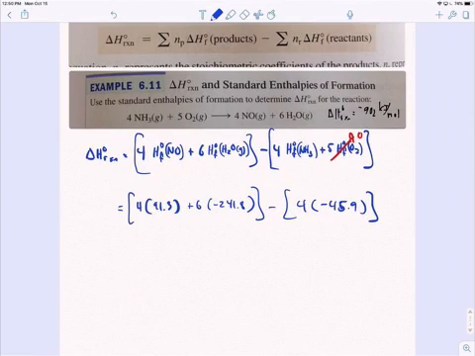So now we just have to put it in our calculator. 4 times 91.3 plus 6 times minus 241.8. And I get minus 902.